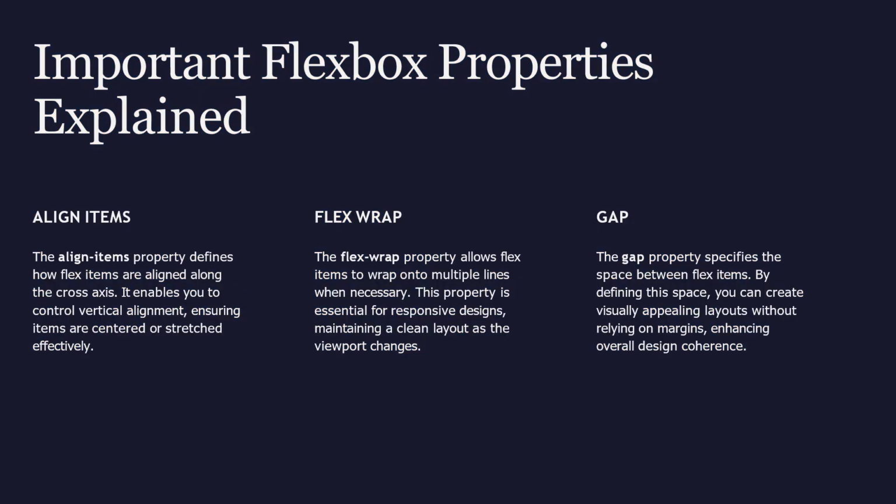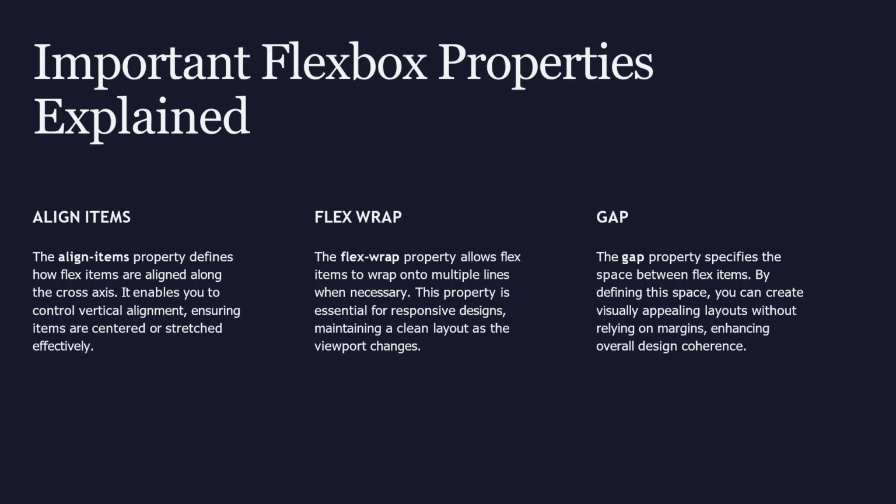Now, important Flexbox properties explained. Align-items aligns items along the cross axis. For example, vertically centering items becomes very easy. Flex-wrap allows items to move onto a new line.